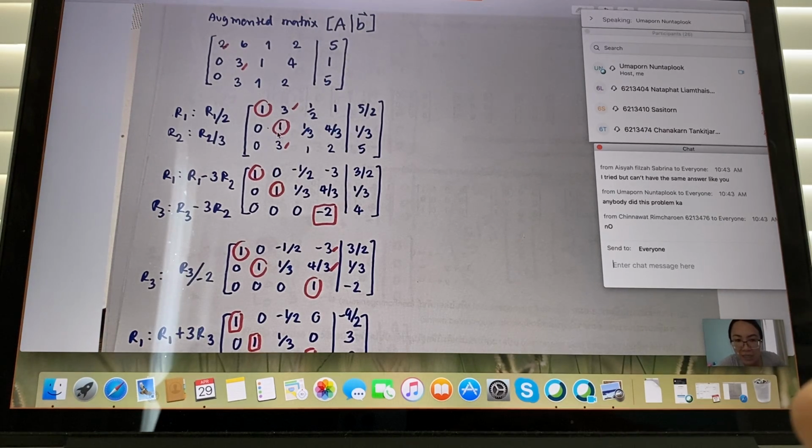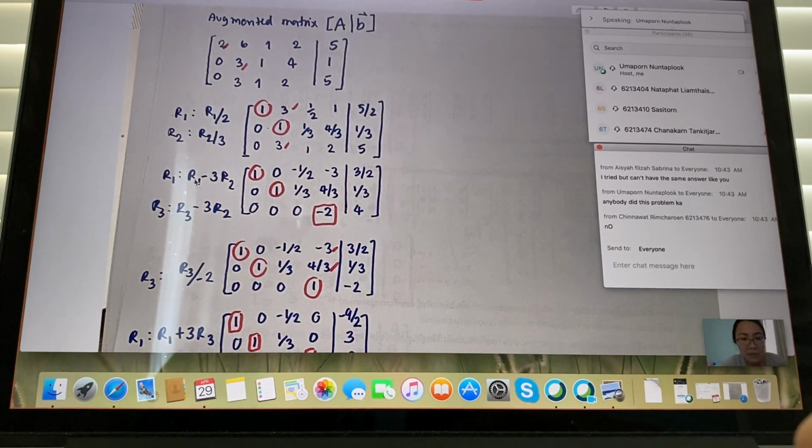Once you found the leading one, the other numbers in the same column are supposed to be 0. So I found my leading one here. Therefore, this number and this number need to be 0. How are we going to do that? We're going to use the row that has leading 1 here to cancel out this term and this term.